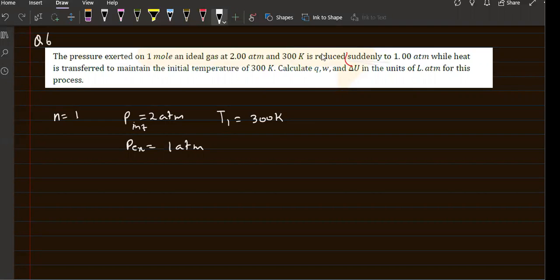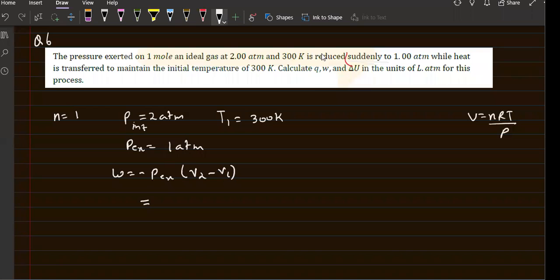So what do you have to find first? First you have to find work done. Work done is easy, but before that you have to find the formula of V. We know that V is equal to nRT by P. So work done is equal to minus P external into V2 minus V1.